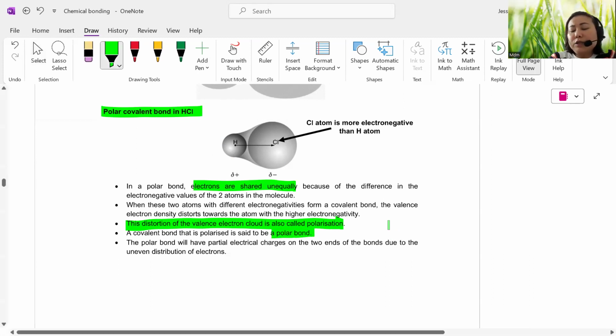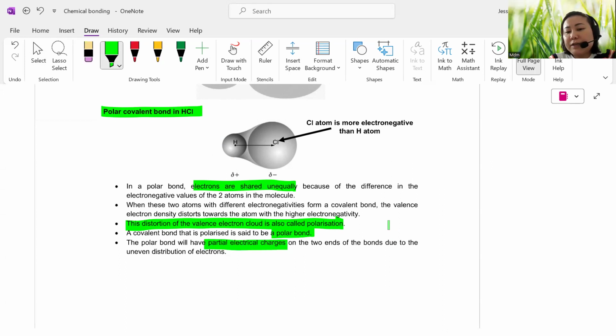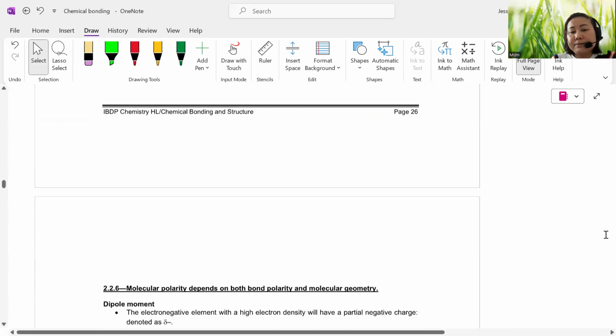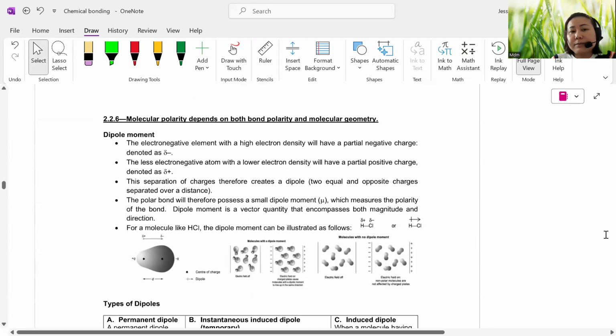So a polar bond usually will carry some partial positive and partial negative charges on the atoms due to the uneven distribution of the electrons. The more electronegative atom will therefore carry a higher electron density, so it will have a partial negative charge on it as indicated by delta minus, and the less electronegative atom will have a partial positive charge on it.